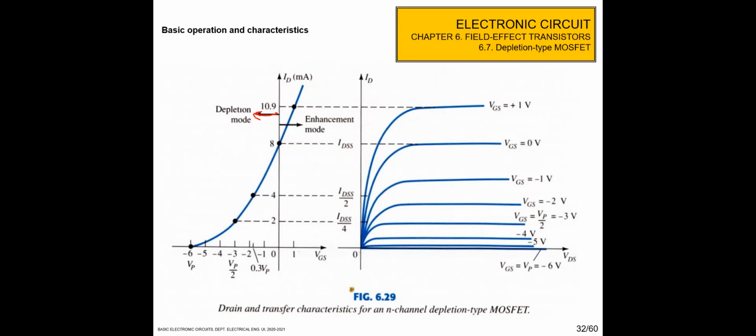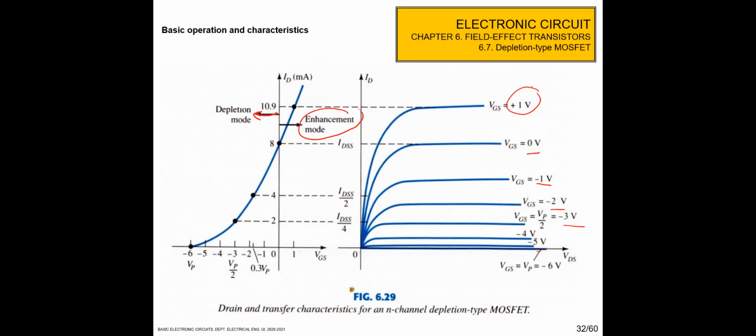The other mode is enhancement mode, when VGS is larger than 0. When VGS is 0, minus 1 volt, minus 2 volt, minus 3 volt, and minus 4 volt, the MOSFET works in depletion mode. When VGS is larger than 0, or plus 1, the MOSFET is working in enhancement mode. We can say it's similar to the JFET.